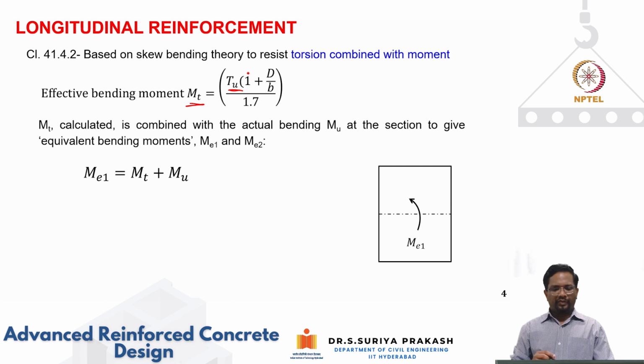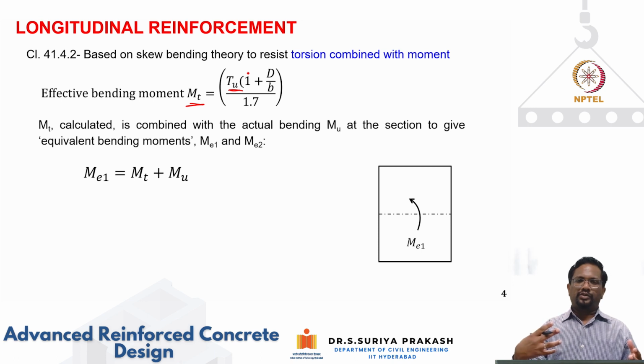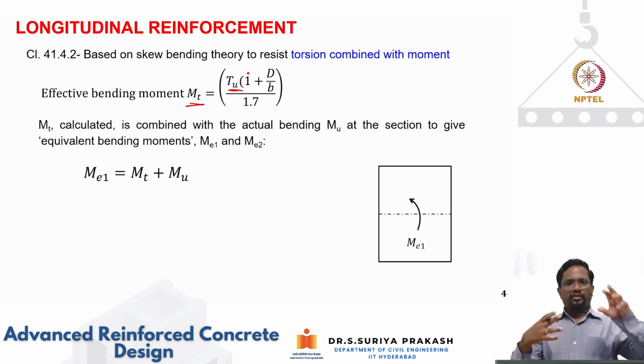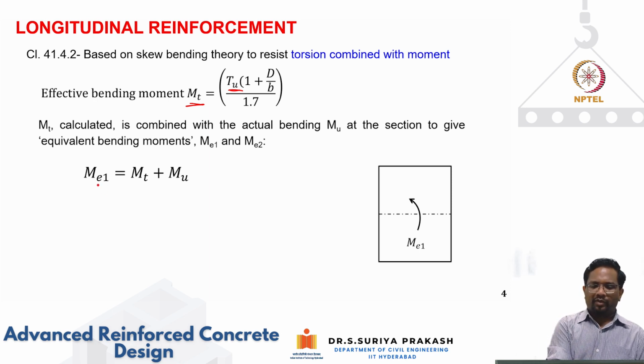Now, we've seen for the mode 1 failure, when you have some amount of torsion along with bending, where bending is substantial, then the presence of torsion is going to skew the failure surface. It is going to modify the bending failure, but still you will have compression at the top and tension at the bottom. That is your modified failure. So the code is accounting for this by designing for a moment Me1.